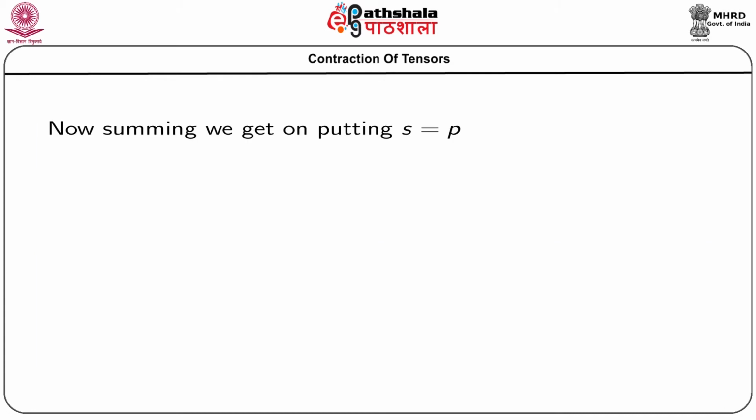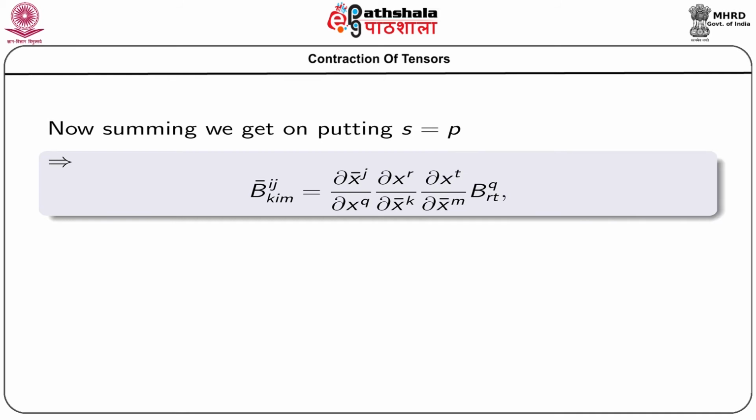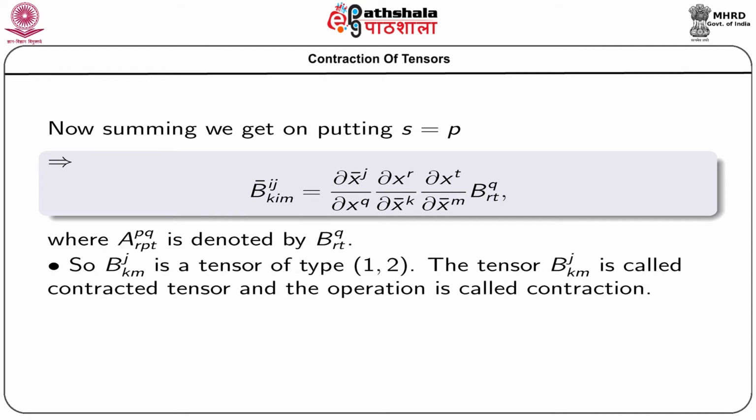If we take s equal to p, b bar j k m equals this one, del x bar j, del x q, del x r, del x bar k, del x t, del x bar m, b q r t, where a p q r p t is denoted by b q r t.